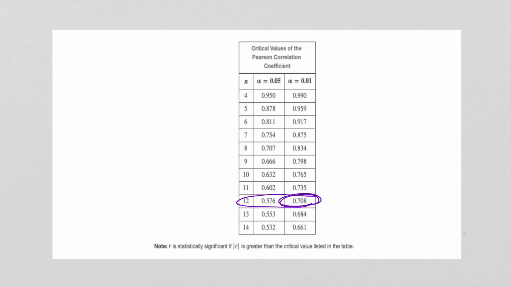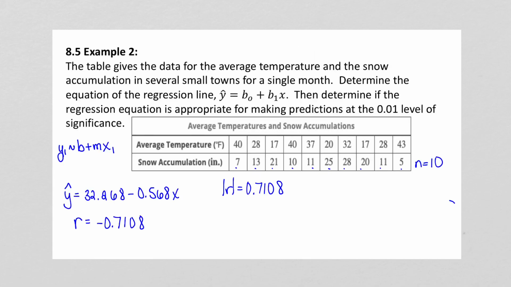So back over here, 10 at 0.01 is 0.765. And we want the absolute value of r to be greater than that, and it's not. It's less than. So that means that our equation is not appropriate. It is not statistically significant.